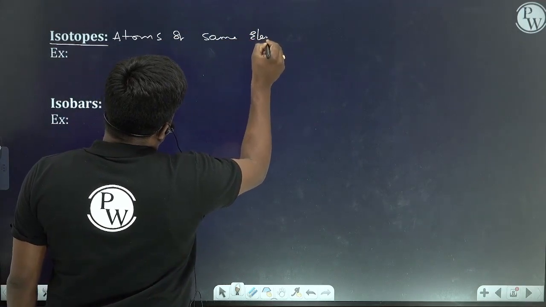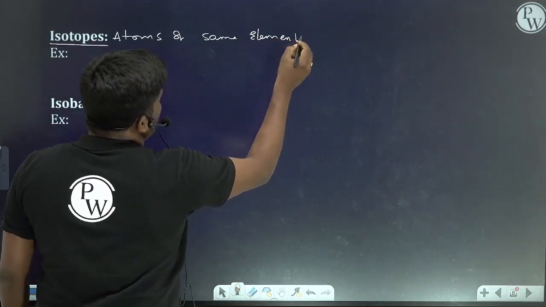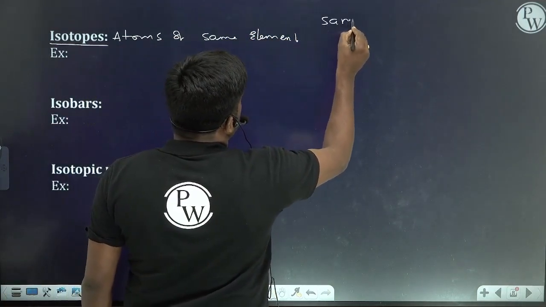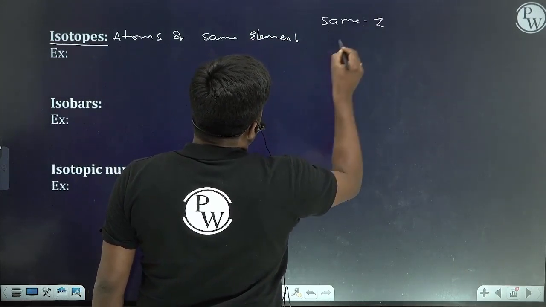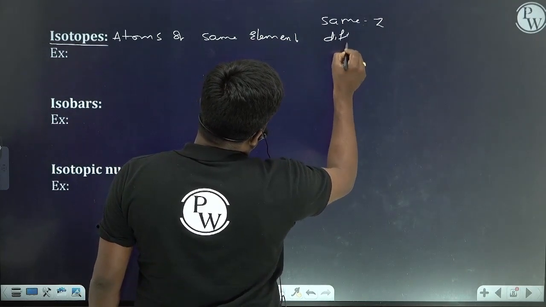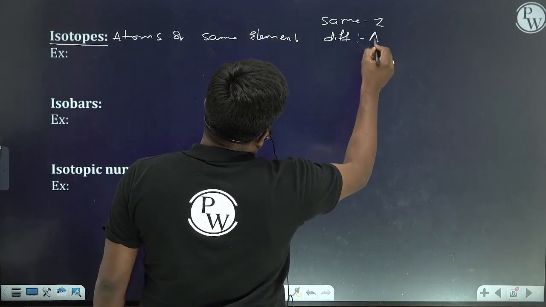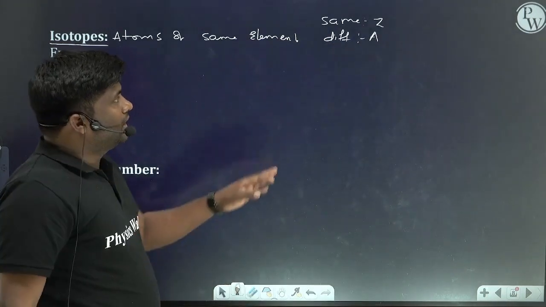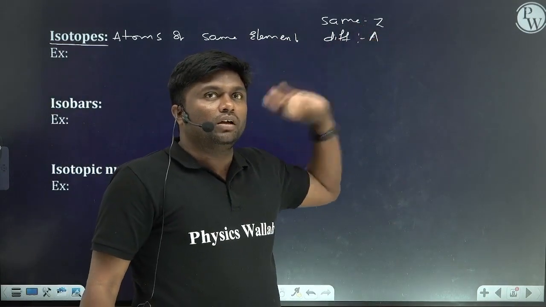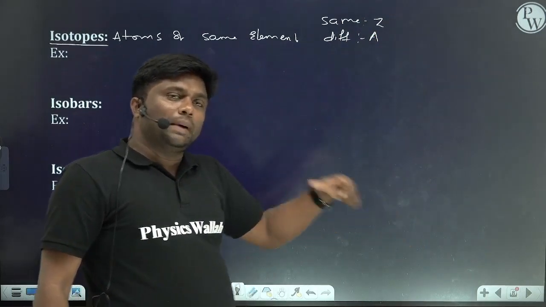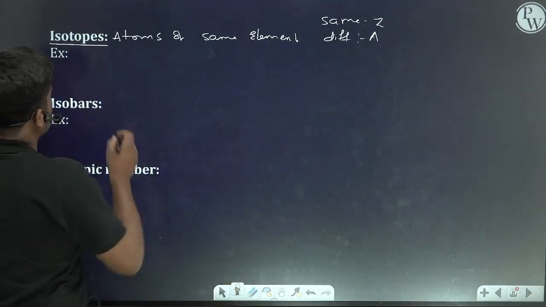Atoms of same element, and what is same in it? Same is atomic number, but different is what? Mass number. When atomic number is same and mass number is different, such particles we call isotopes.